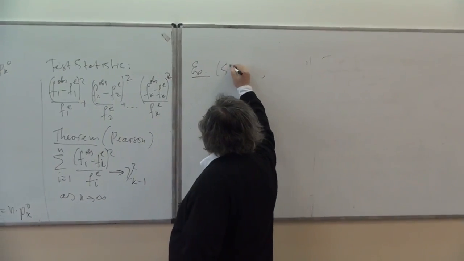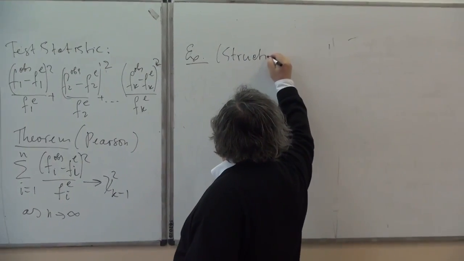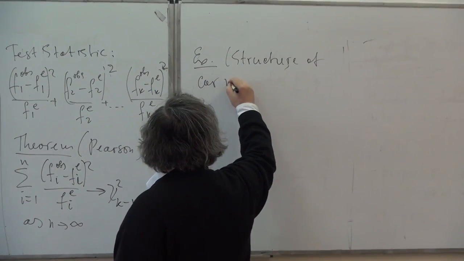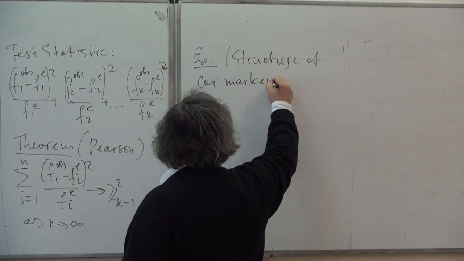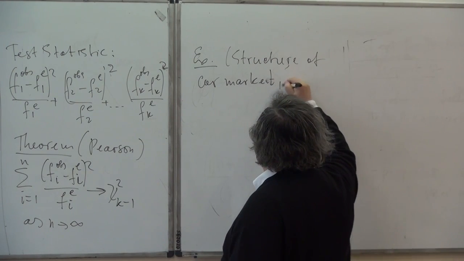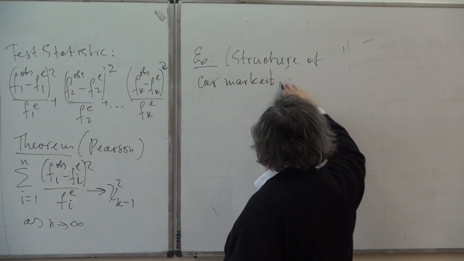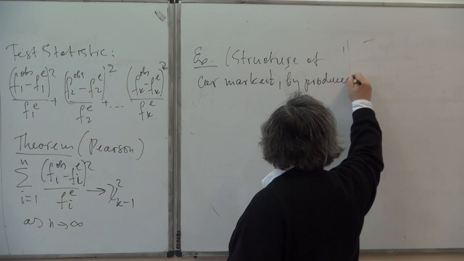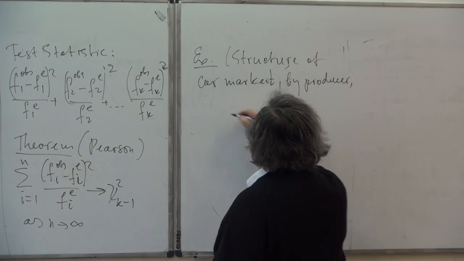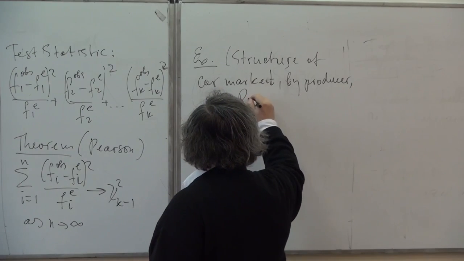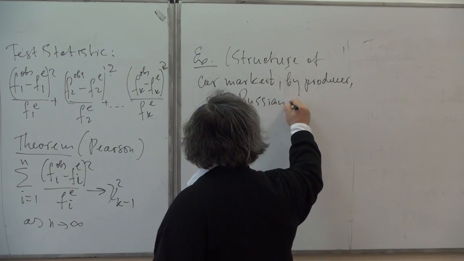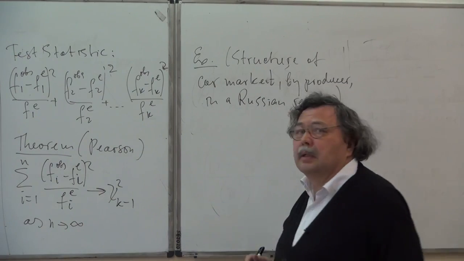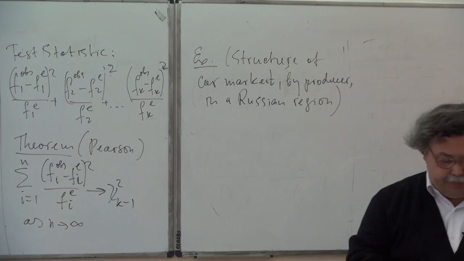It will be about the structure of a car market by producer in a certain Russian region. Okay, Russia has a lot of regions, and this is about one of them.